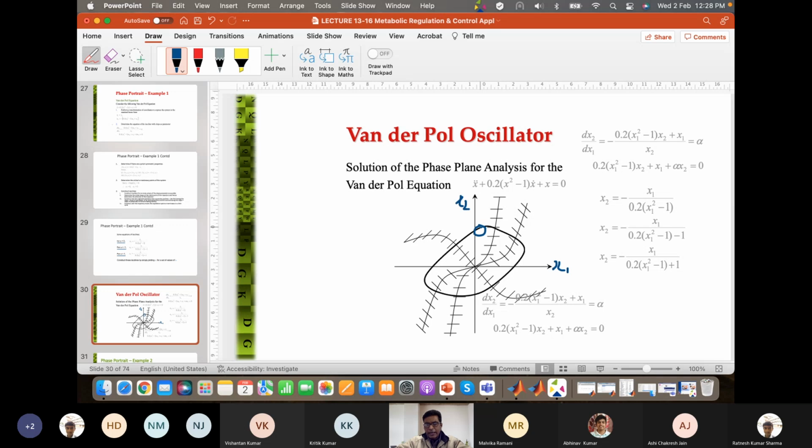Now the question I have is that if I had multiple of these curves drawn for different initial conditions of x1 and x2, this of course has been drawn with one particular condition of x1 and x2, right?